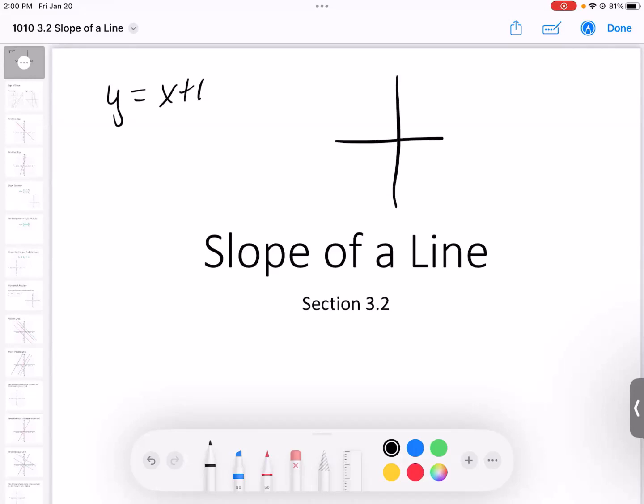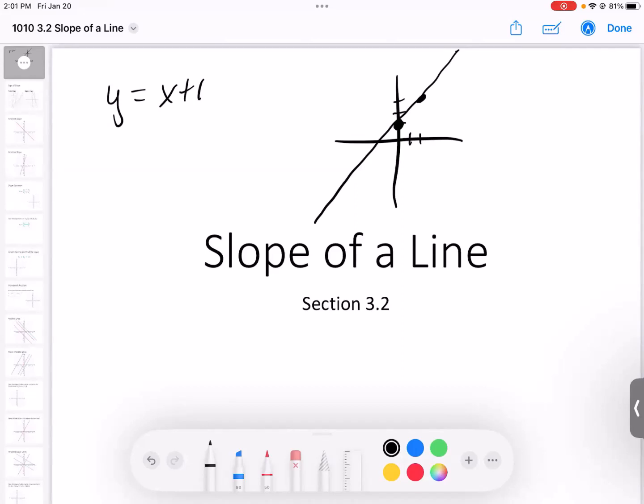Like, if x equals 0, y equals 1 would be a solution. So I could graph that at 0 on the x-axis and 1 on the y. Or I could say maybe x is 2, which would mean that y would have to equal 3. And so the line that connects these two solutions also shows all of the other solutions to this equation. So that's what we talked about yesterday.